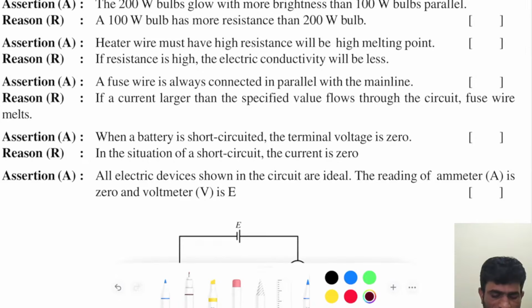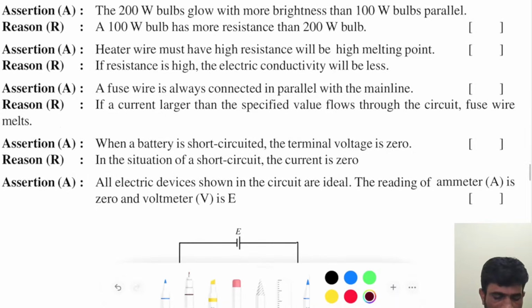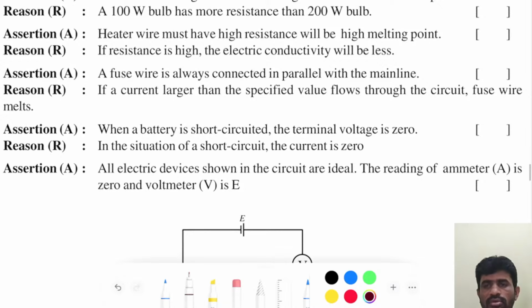The 100-watt bulb has more resistance than the 200-watt bulb. That is also true. Assertion is true, reason is true, and reason is the correct explanation of assertion. Heat or power produced is inversely proportional to resistance.